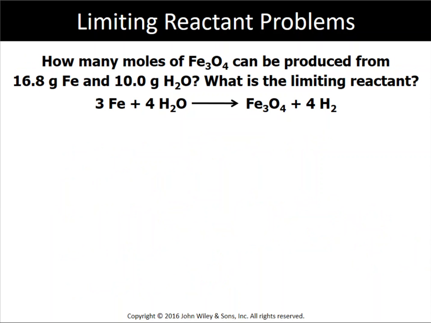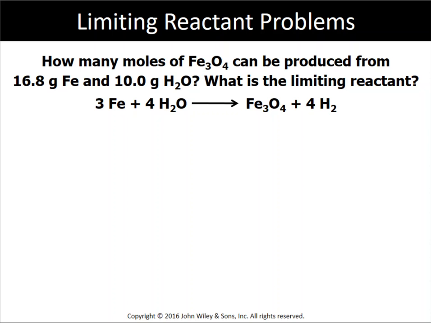How many moles of Fe3O4 can be produced from 16.8 grams of iron and 10.0 grams of water? And what is the limiting reactant? So this is how you want to approach this.